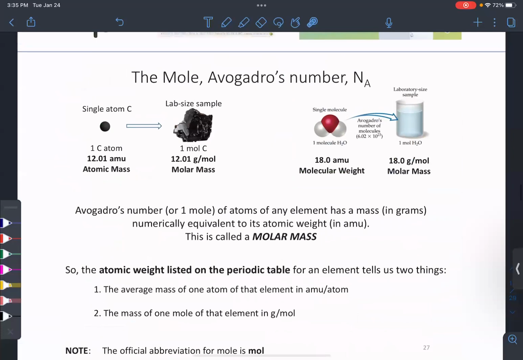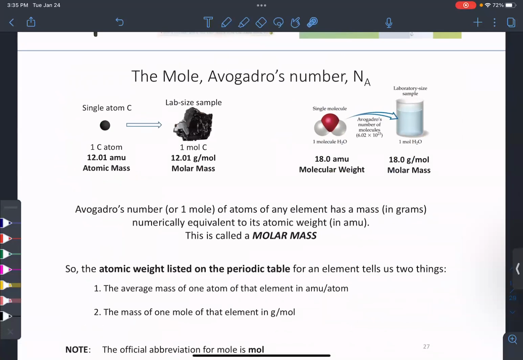The significance of this number is that it allows us to scale up to the gram scale without changing the periodic table. I know that carbon is 12.01 AMU, but the periodic table also tells us the mass of a mole's worth of carbon.